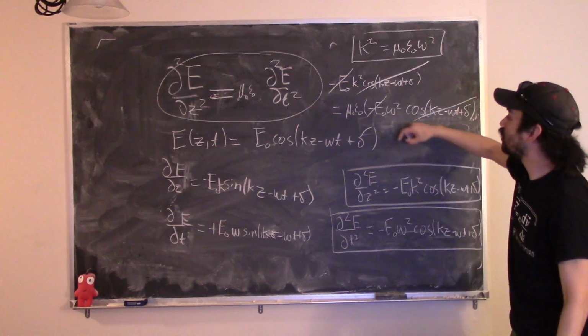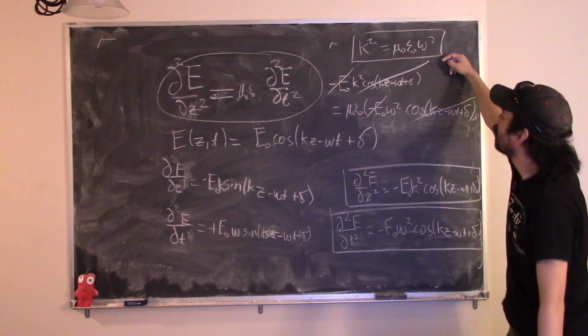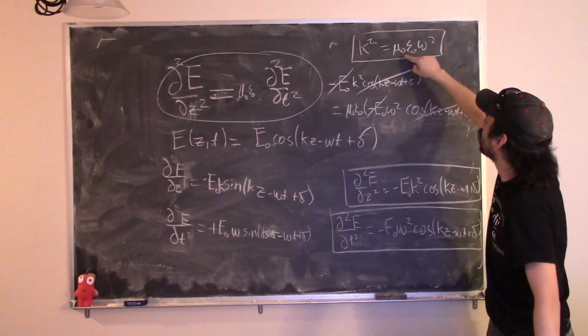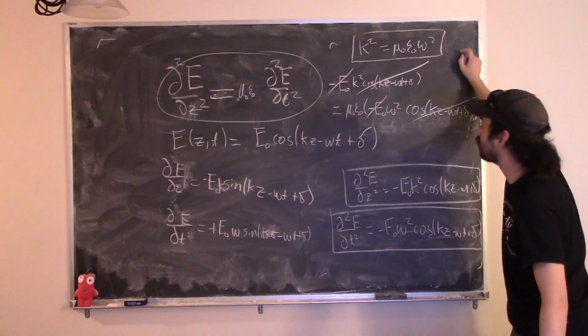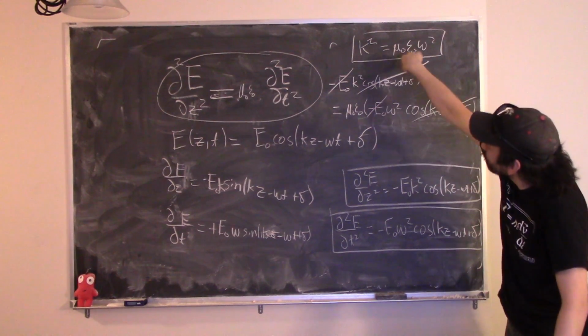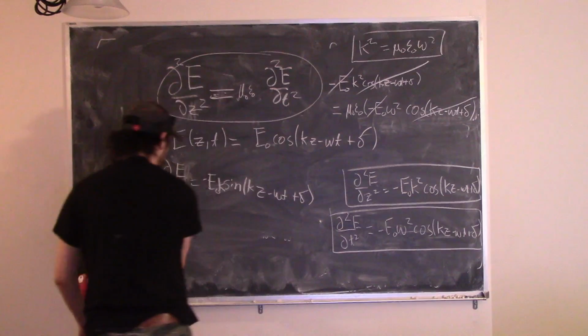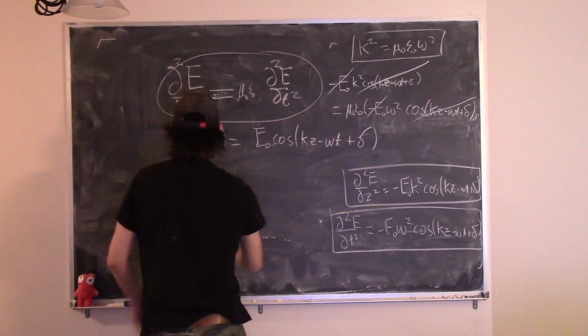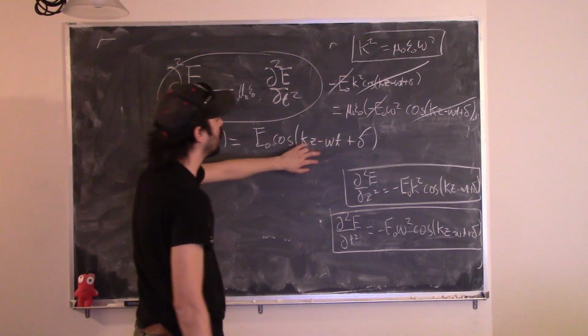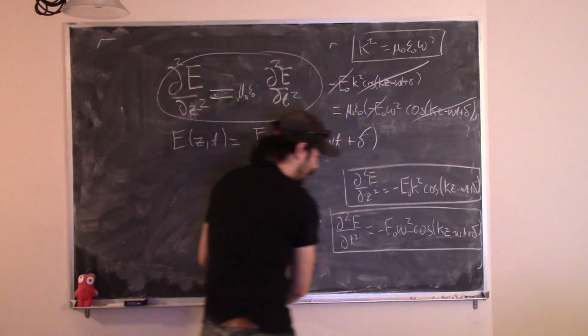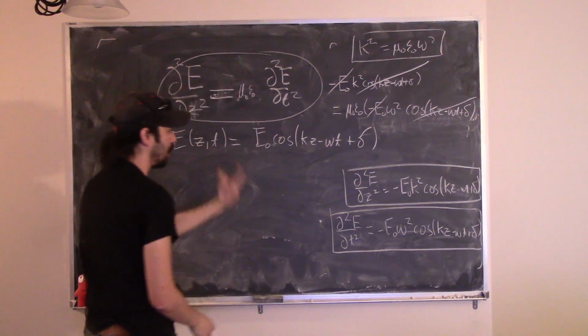So in order for this to satisfy the wave equation, k squared is equal to mu 0 epsilon 0 times omega squared. You can walk this back a little bit further, and I didn't really have time to do this, to talk about dimensionally what k and omega are. Well, k should have units of 1 over length.